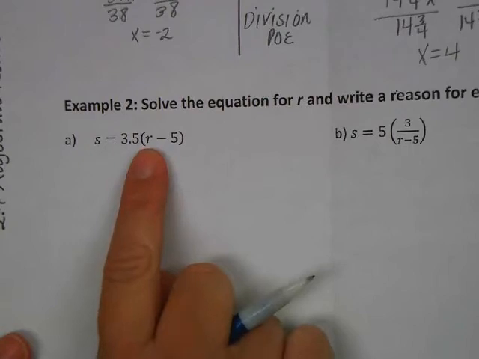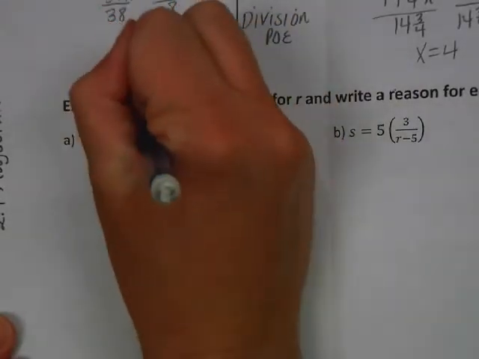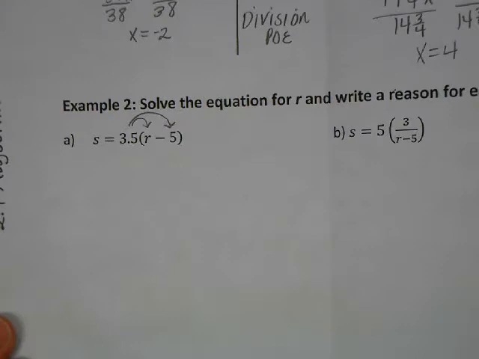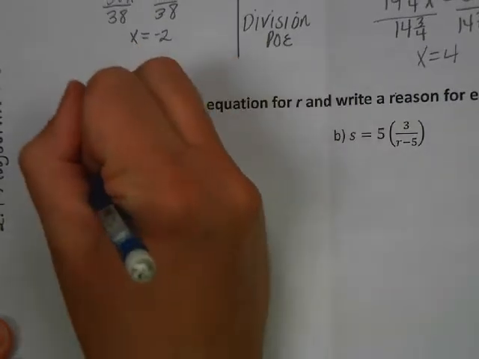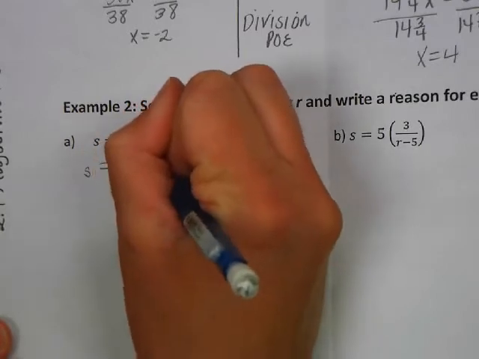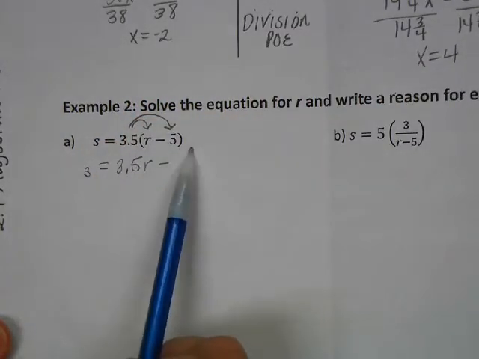So if we're trying to solve for the variable r, since it's in parentheses, the first thing I would recommend doing is the distributive property so you can get rid of parentheses. So that's 3.5 times r minus 3.5 times 5.